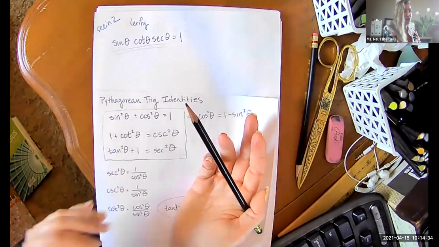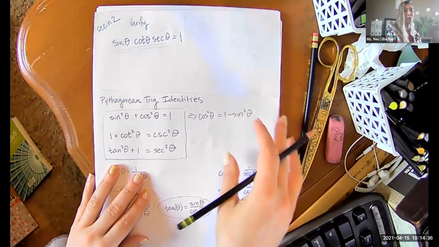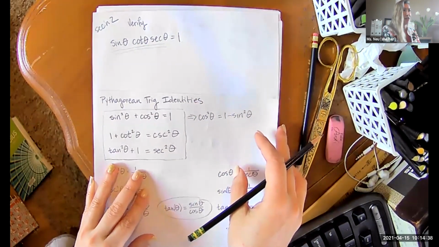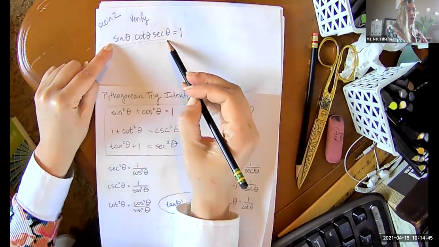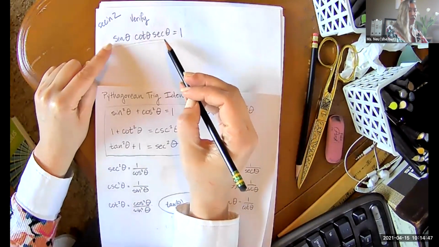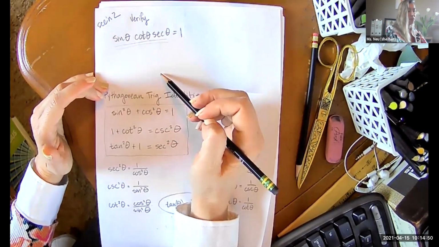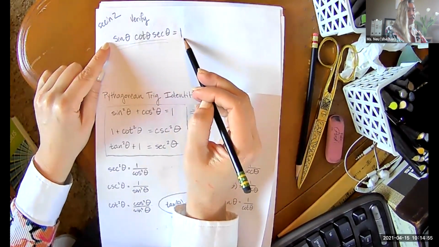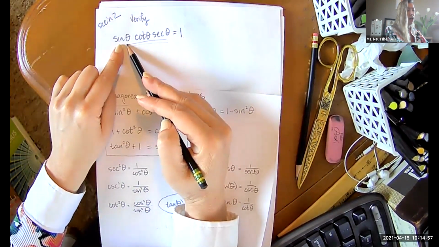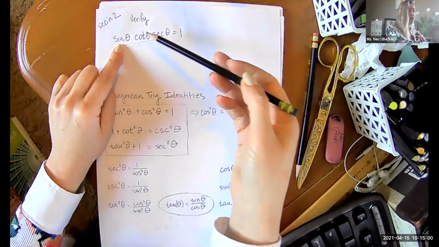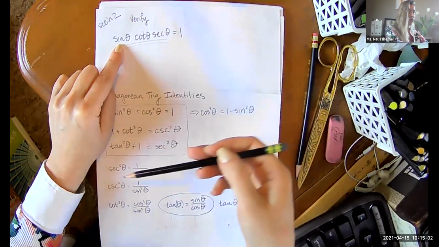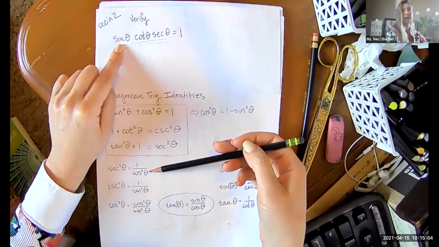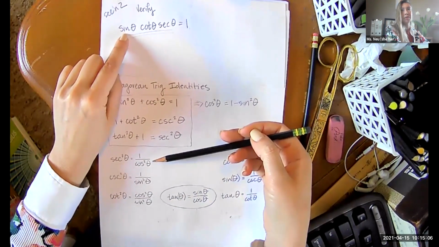I think trying things and having them not work out very pretty the first couple of times is good practice. I'm just going to stick to working with one side, manipulating one side and moving it through. I just want to get all this stuff to equal 1. And I see a sine and I see cotangent and secant theta. Secant theta is like cosine, so I don't know if that necessarily helps me with sine.